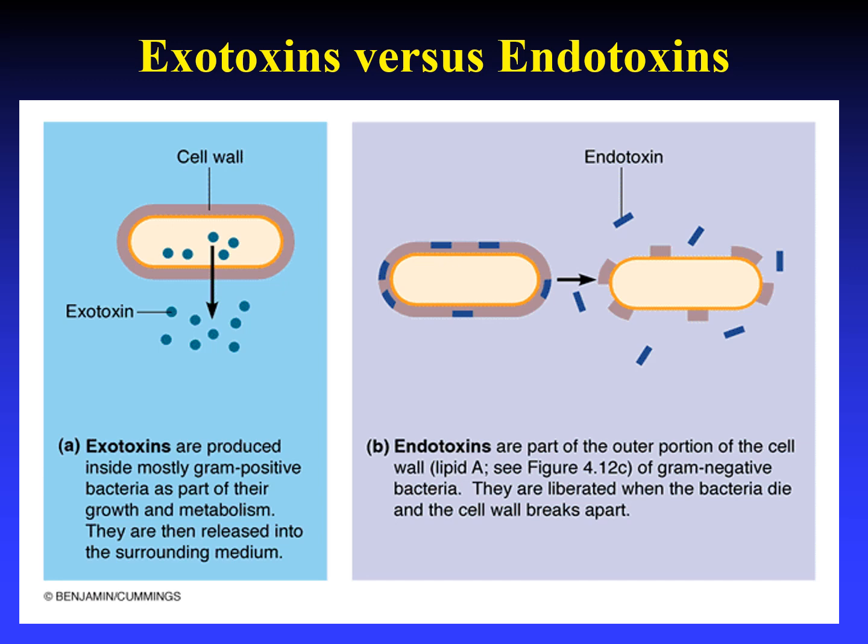Only gram-negative bacteria. They are liberated when the bacteria die and lyse. من البكتيريا تعاني lysis and the cell wall breaks apart, so the endotoxin is released into the surrounding environment.